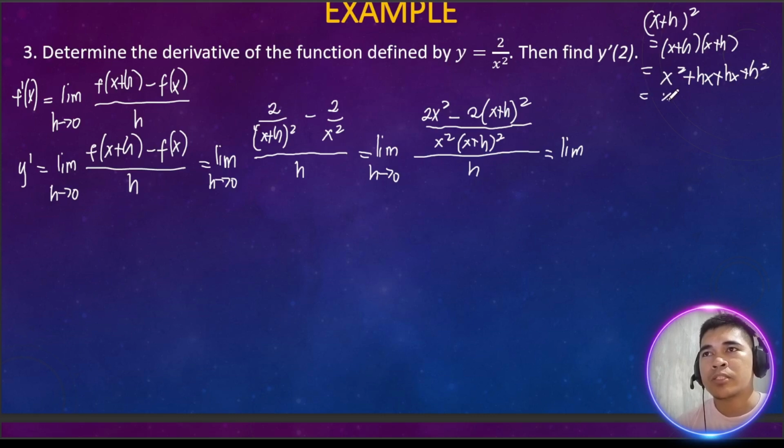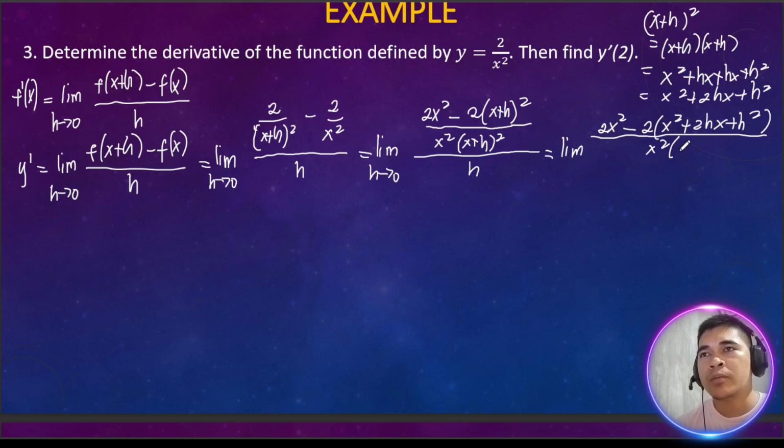So we have x squared plus 2hx plus h squared. 2x squared minus 2 times x squared plus 2hx plus h squared over x squared times the square of x plus h all over h as h approaches 0.